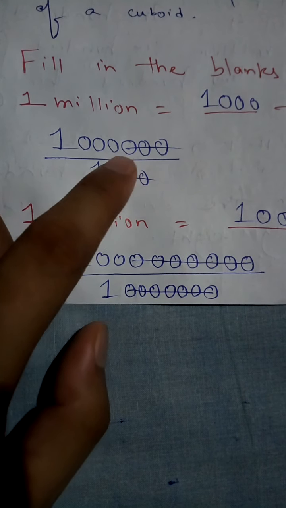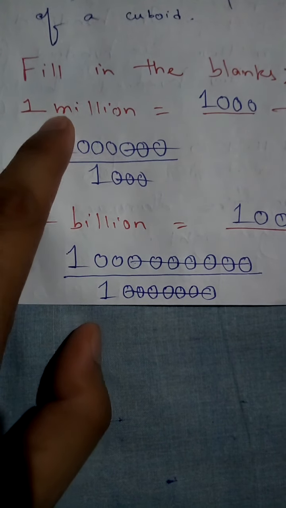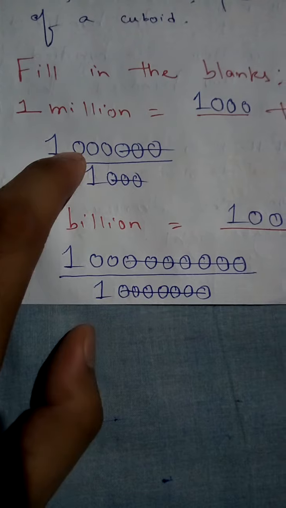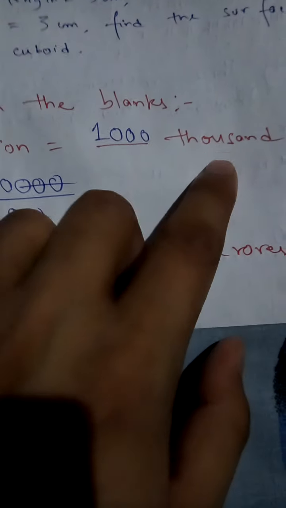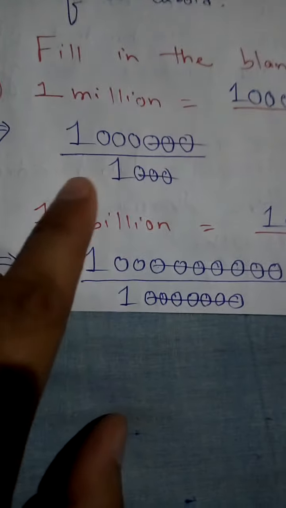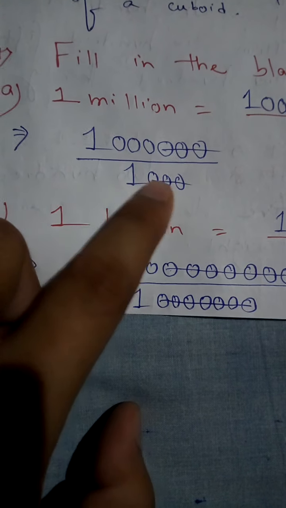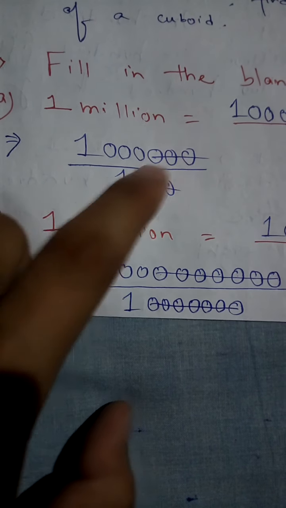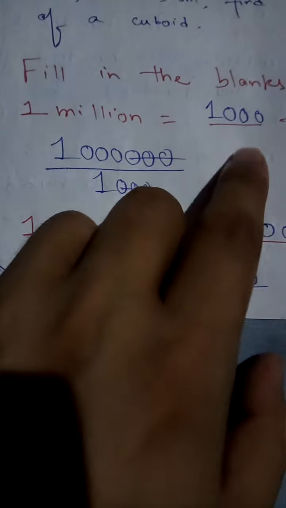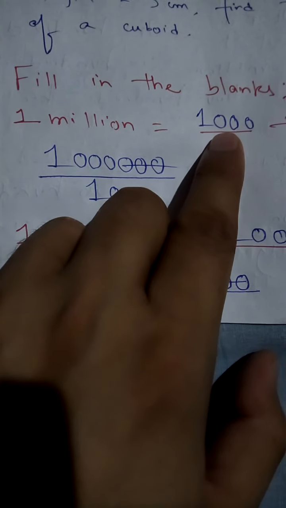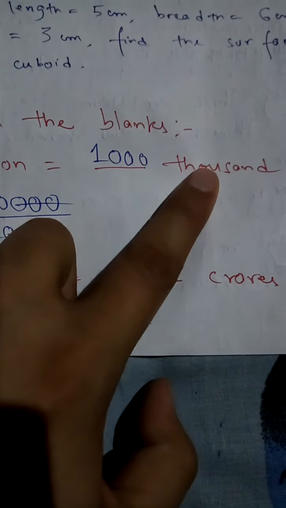How many zeros are there? 1, 2, 3, 4, 5, 6. Write this at the top, and below write 1000. These 3 zeros and 3 zeros get cancelled. So what is the answer? 1000. That means 1 million equals 1000.